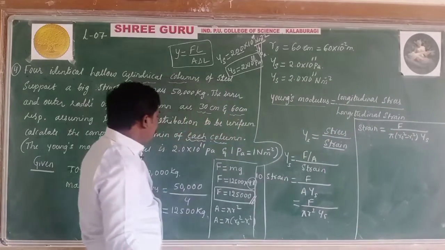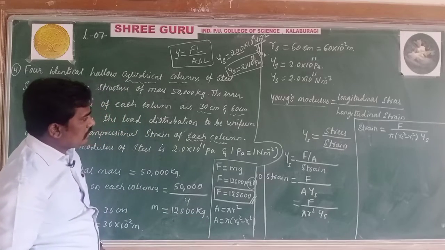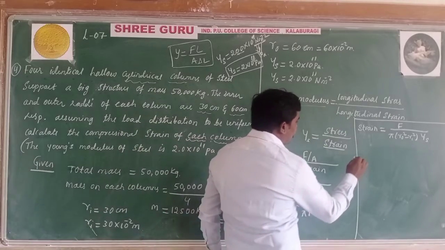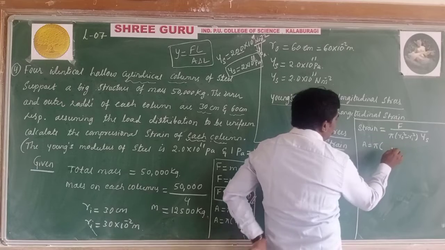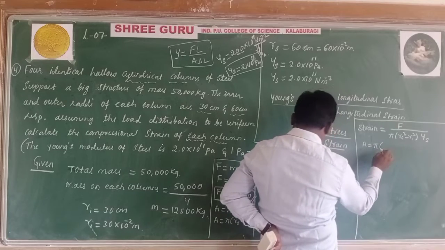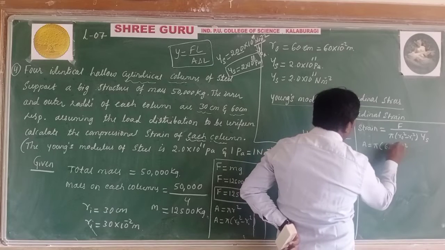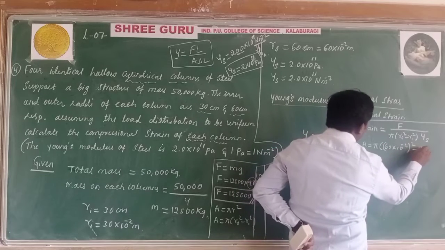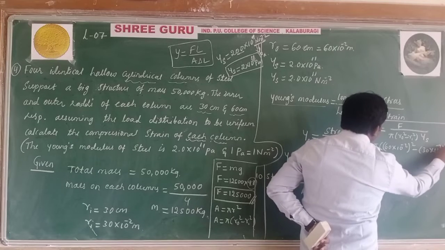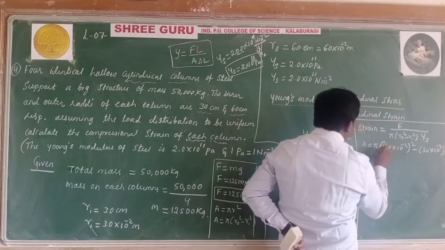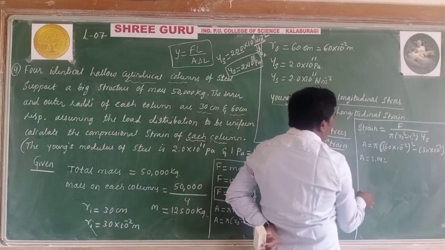Or we can also find it directly by substituting here only. Shall I calculate here? Area is equal to pi into 60 into 10 raised to minus 2 whole square minus 30 into 10 raised to minus 2 whole square. First you calculate this, and we know the pi value is 3.142.